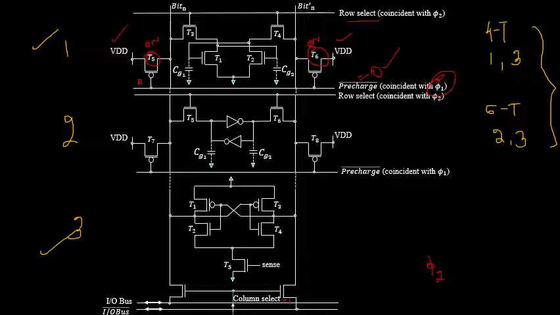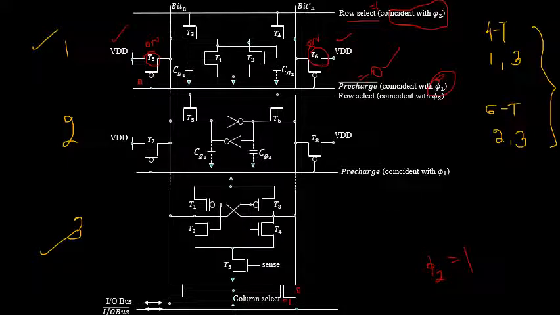So when I assert clock signal phi 2 equal to 1, it is asserted with the column select equal to 1. Also the row select signal becomes equal to 1, because both of them are coincident with the clock signal phi 2. So this 1 is applied to the gate terminal of the N MOSFET.